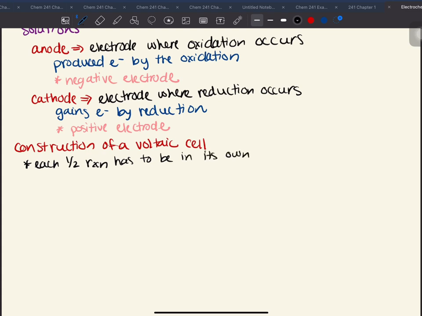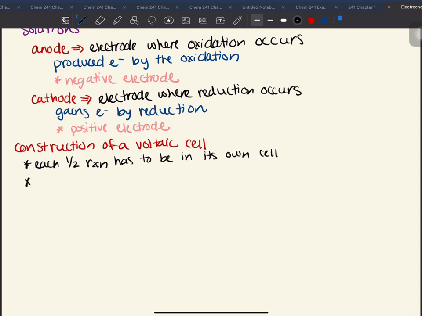What that will look like for us is we will use either microplates or beakers to make our voltaic cells. So one half reaction will go in one beaker, one half reaction will go in the other beaker, or one will go in one of the microplate cells and another one will go in the other microplate cell.